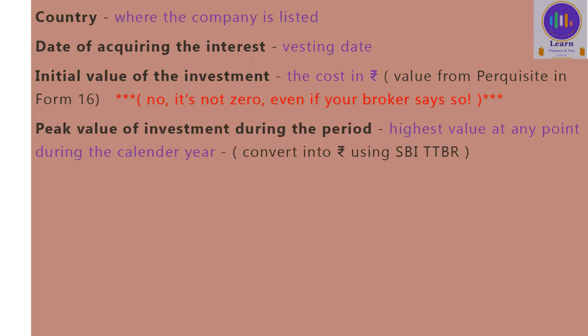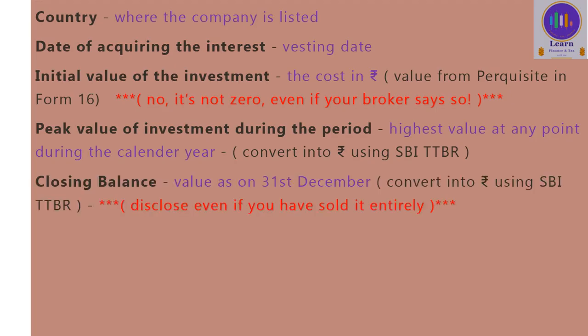Peak value of investment during the period is the highest value of the share at any point during the calendar year. Note, it is the calendar year and not the financial year. Find the amount and convert it into INR. Closing balance is the value as on 31st December of the calendar year.